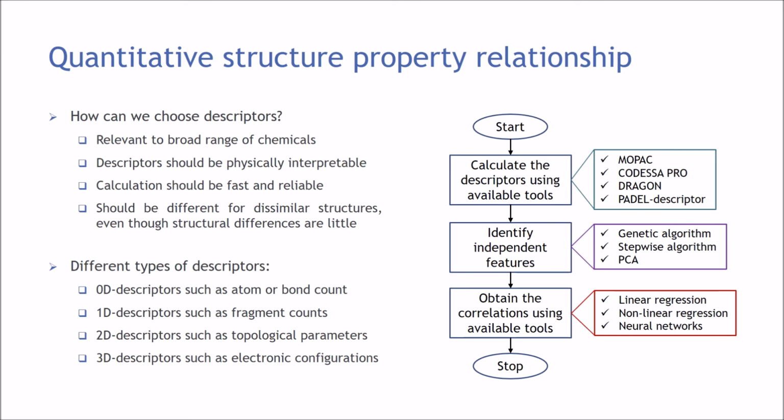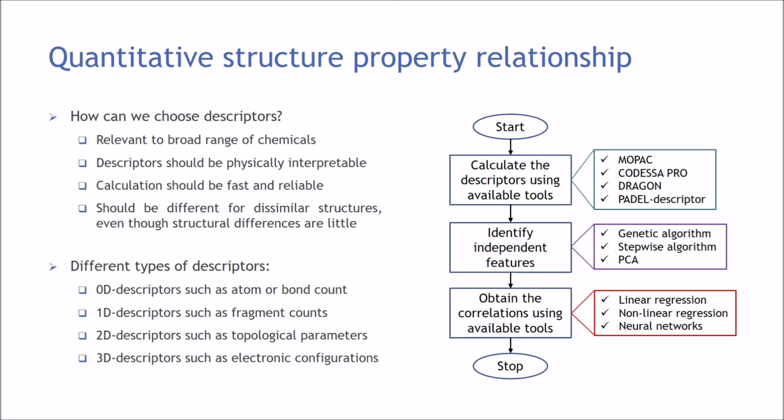So the next question that comes to mind is, can any sort of information that we get from a molecule structure be used as descriptors? Or how can we choose descriptors? Descriptors should be relevant to a broad range of chemicals and should be physically interpretable, and their calculation should also be fast and reliable.